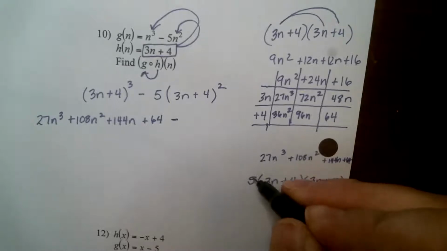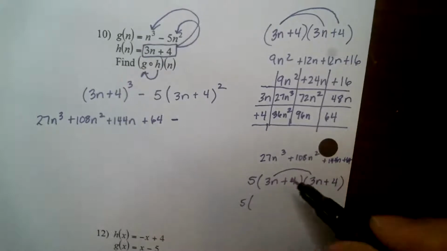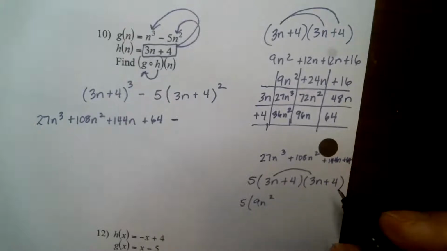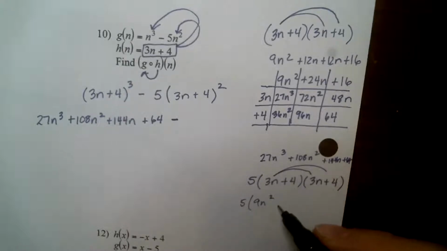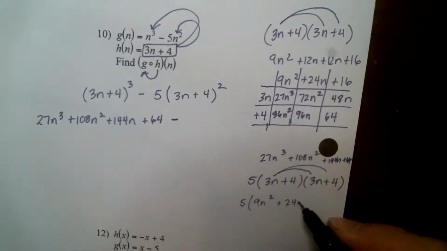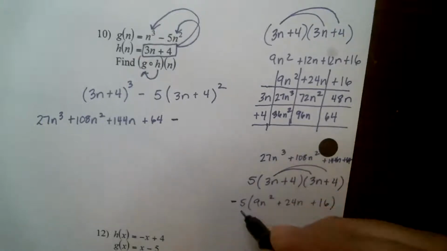So 5 times 9n squared, then outside, we've already worked it up here, so plus 24n and then plus 16. Yeah, correct, it would be -5. You're right. Thank you.